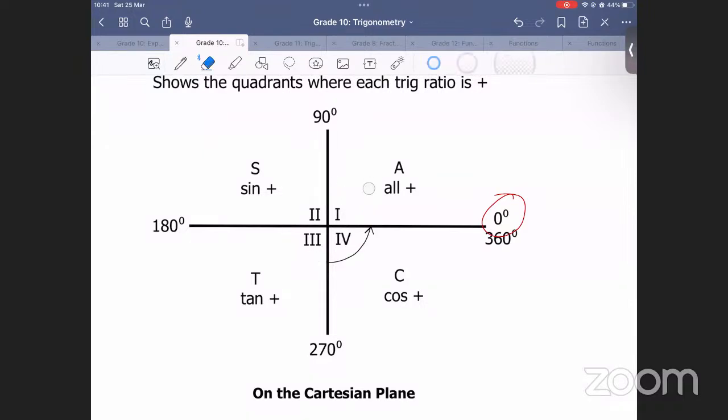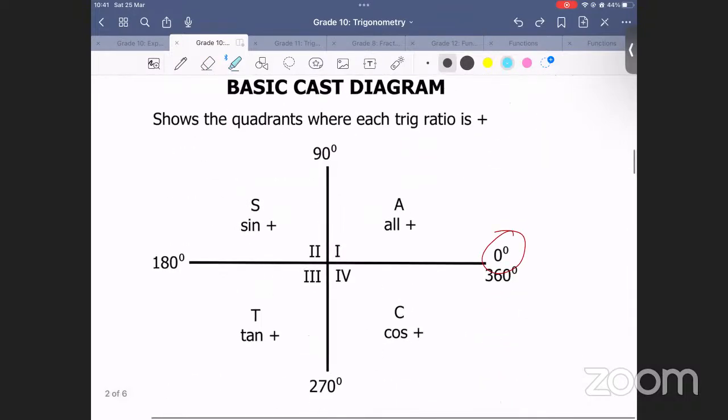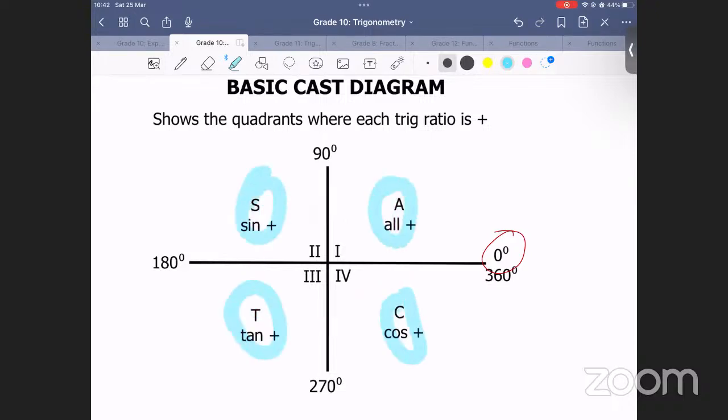Now, in each respective quadrant, we have a certain trigonometric ratio being positive, and in others, it's negative. How I like to remember it is from the first quadrant: first, second, third, fourth. It's literally called the CAST diagram, but there's nothing wrong with learning it as ASTC.